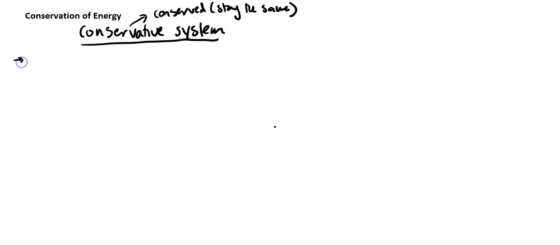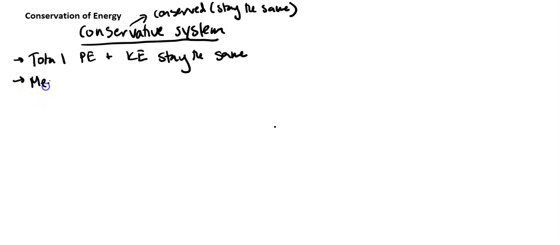So in a conservative system, the total potential and kinetic energy stay the same. And one word that we'll oftentimes use to represent the sum of the potential and kinetic energies is mechanical energy.